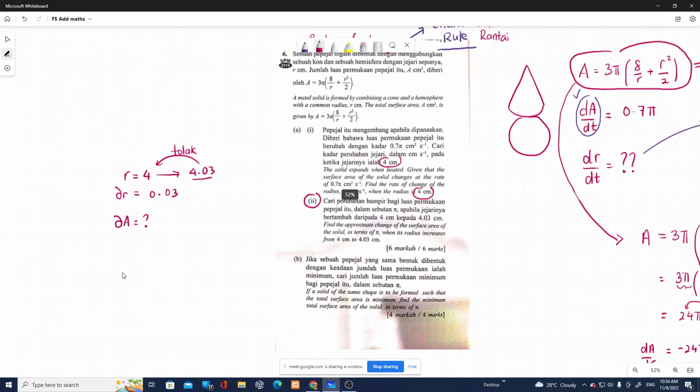Tahu? So remember the approximation. Delta A over delta R sama dengan dA over dr. Remember I told you, in order to know the approximate change, kamu kena tahu rumus ini.